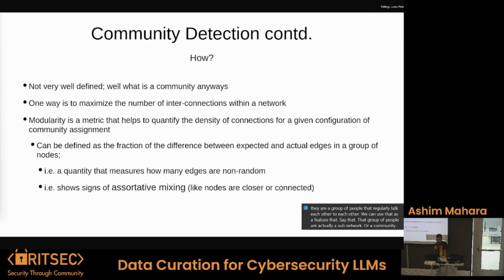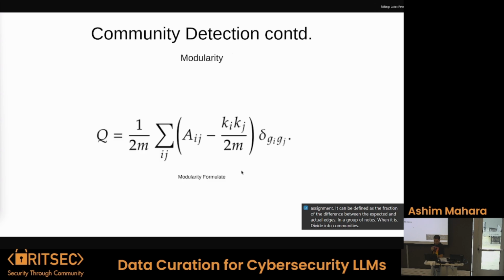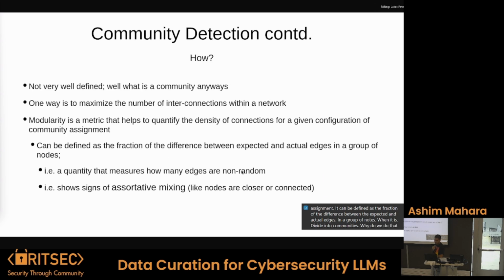So modularity is a metric that helps to quantify the density of connections for a given configuration of community assignment. It can be defined as the fraction of the difference between the expected and actual edges in a group of nodes when it is divided into communities. Why do we do that is because we compare it with a random network.